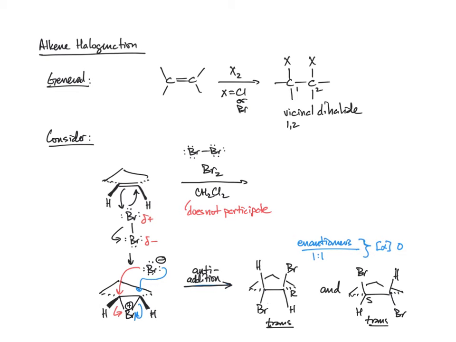So we have 1, 4, 2, 3. Does everyone agree with that? That's our lowest priority group.